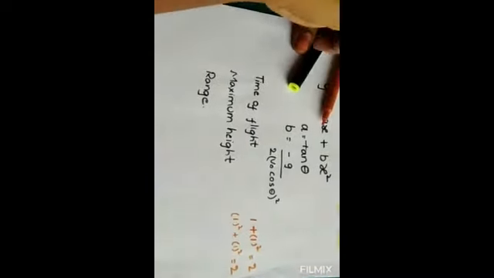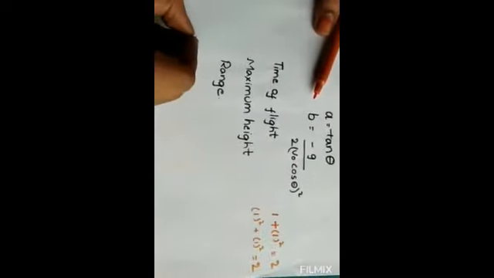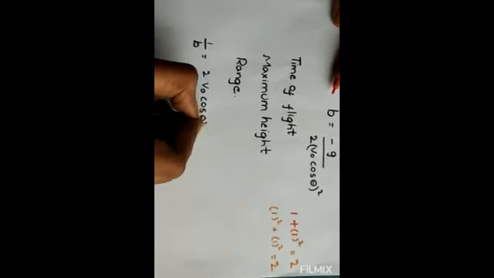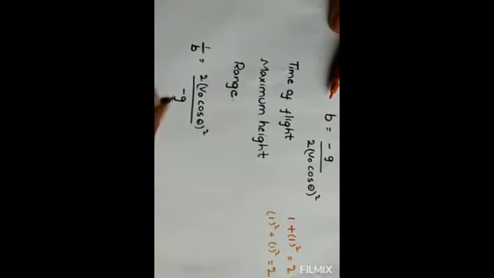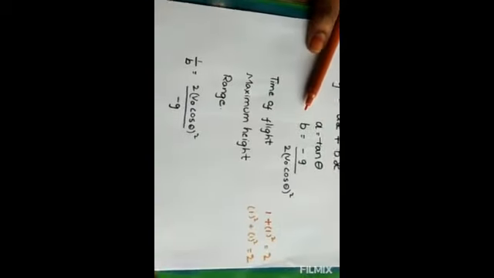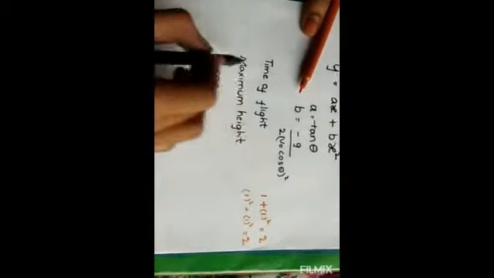So first, reciprocal this: the reciprocal of b, 1 by b, will be 2 v naught cos theta whole square by minus g. Two things you have to remember: the formula for all of this will come in positive value, and whatever the formula will be, it will be in sin theta.